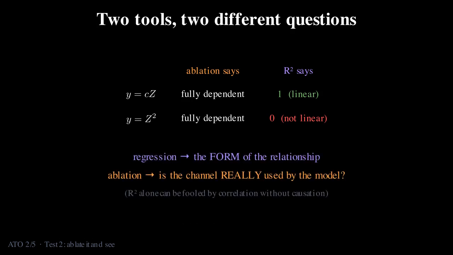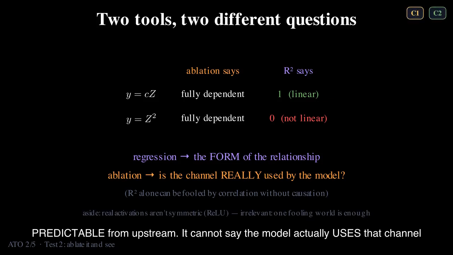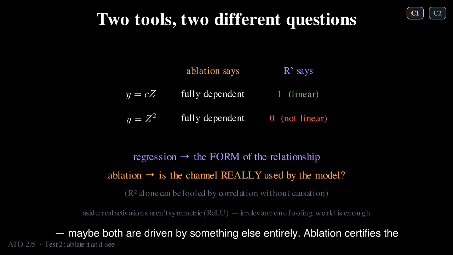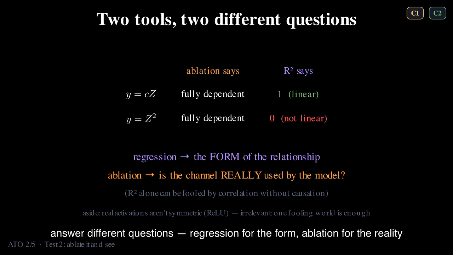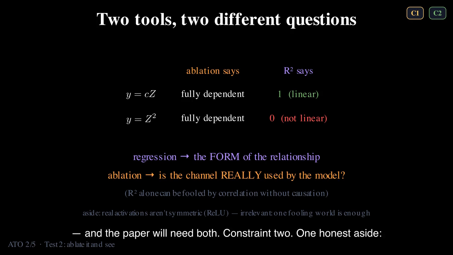A high R squared says the downstream reading is predictable from upstream. It cannot say the model actually uses that channel. Maybe both are driven by something else entirely. Ablation certifies the dependence is real. Break the channel, the feature breaks. So the tools answer different questions. Regression for the form, ablation for the reality, and the paper will need both.